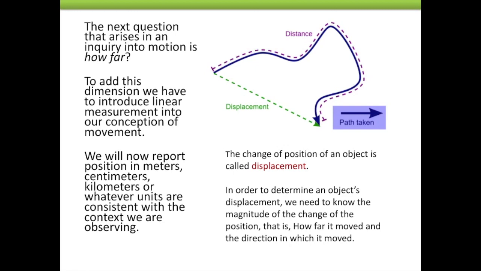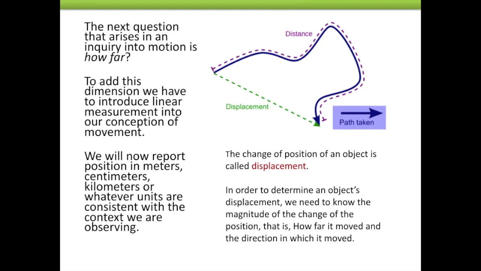So if we're wanting to measure the distance between your house and your favorite restaurant, we're going to use kilometers. If we want to measure the distance across a room, we're going to use meters. If we want to measure the distance between 2 points on a piece of paper, let's say for our assessment, we're going to use centimeters.